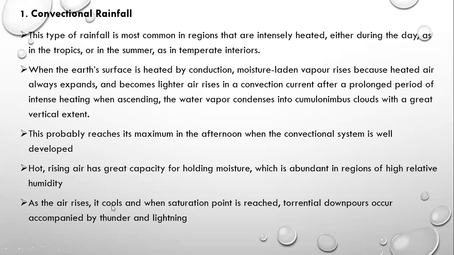As the air rises, it cools, and when saturation point is reached, when we say saturation point, we mean the maximum point water vapor can be held in the atmosphere. That's the point of saturation. When it is reached, downpour occurs, accompanied by thunder and lightning.